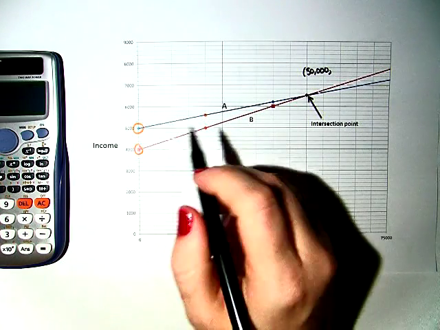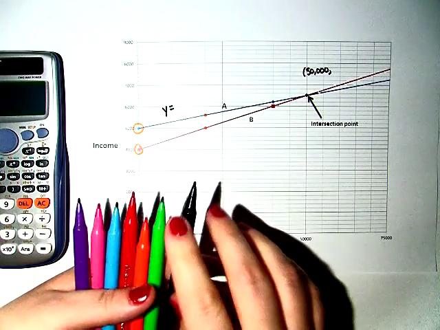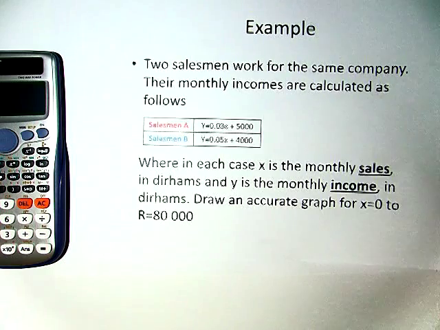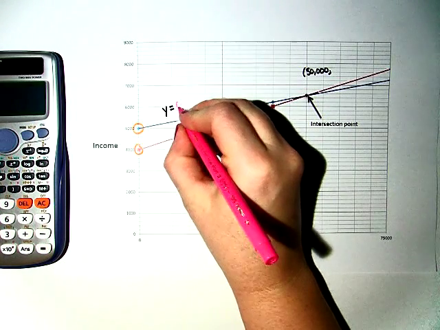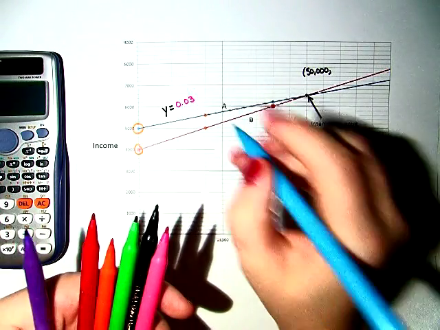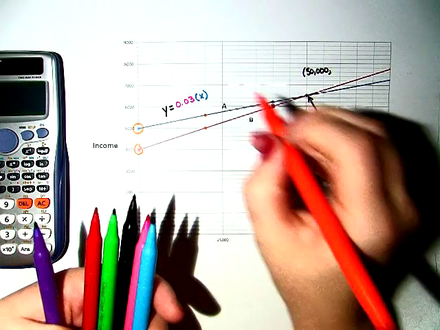Now, we know that the formula for A is Y equals, he had a less commission of only, let's look back at the problem, Salesman A, 3%, so 0.03 times X plus 5,000.